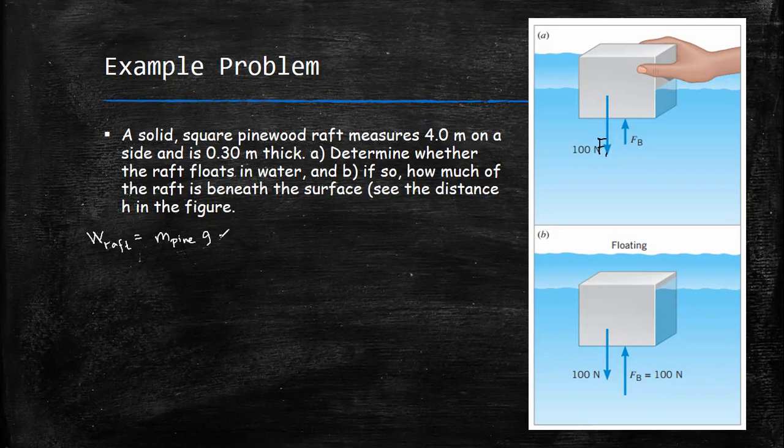Since we have no given for the mass, we can get mass by getting the product of the density of the pine and its volume, times the gravitational acceleration.